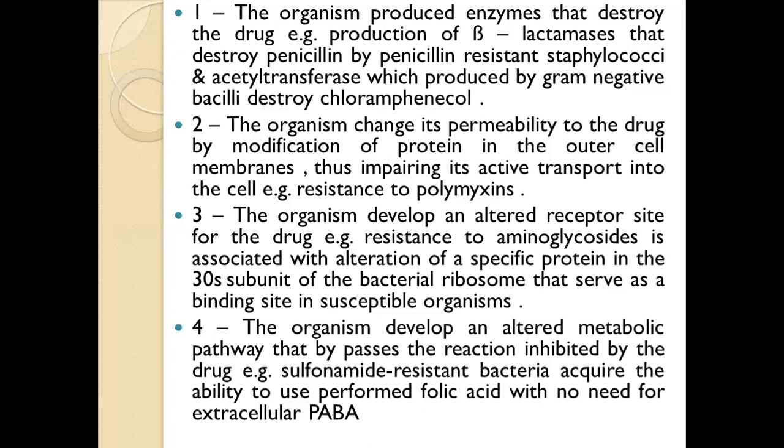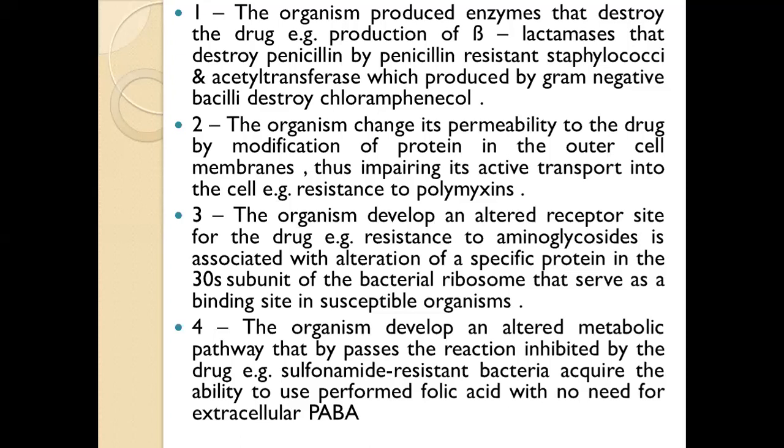For example, alteration of a specific protein in the 30S subunit of the bacterial ribosome that serves as a binding site in the susceptible organism for many antibiotics such as aminoglycosides, including amikacin and gentamicin.